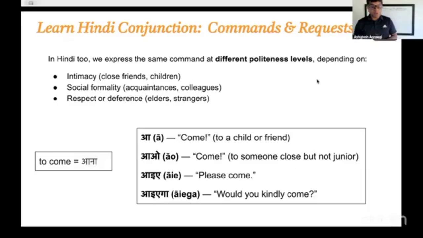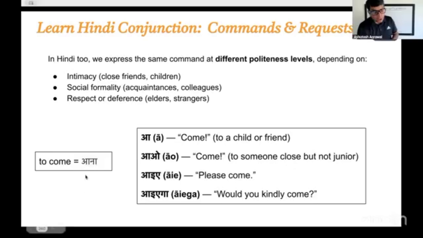We'll talk about the rules, but you say "aao." Similarly, if you want to be respectful, it changes to "aaiye." And very polite would be "aaiyega." We will do some examples, but for the most part, you can just stick with the first three: "aa," "aao," and "aaiye." Yes, these are the three.